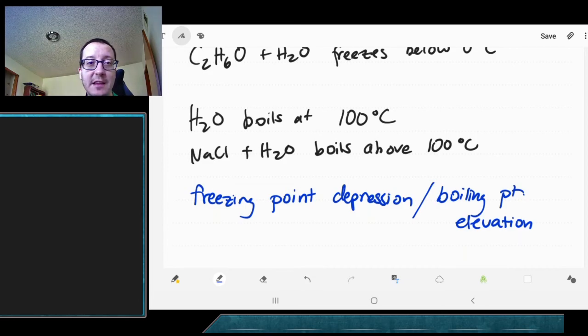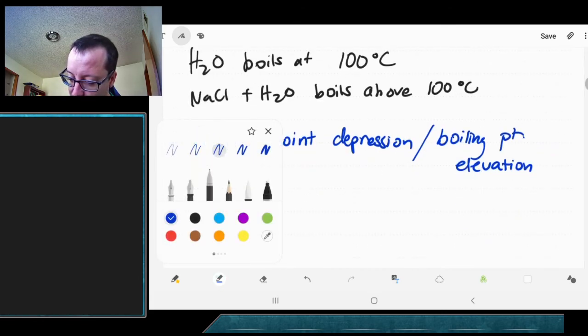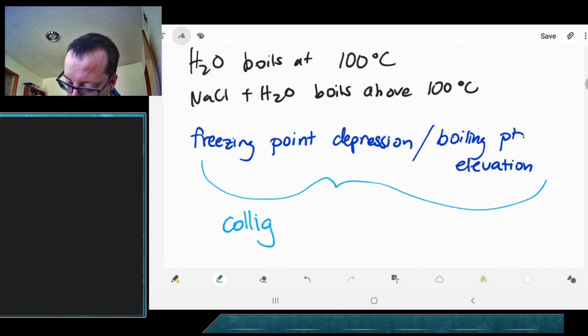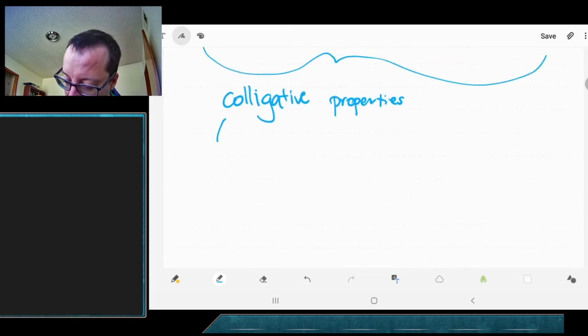And with freezing point, these things tend to just interfere with the dissolving process. We're going to see that these are collectively referred to as colligative properties, meaning they will depend on solute concentration.